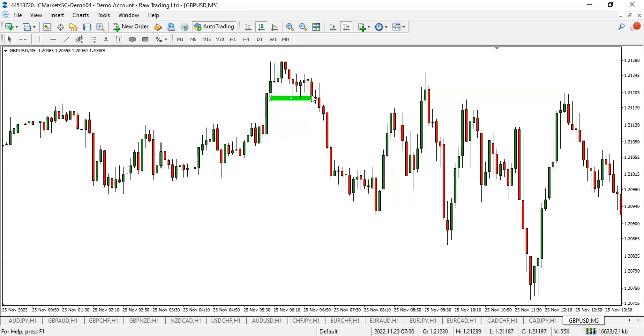Number one is that there should be a break of neckline. For example, here is the neckline. So this is the candle that broke the neckline.